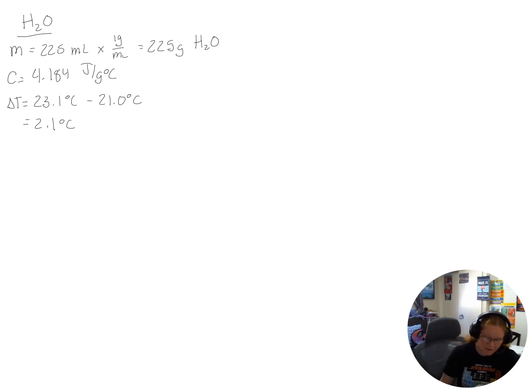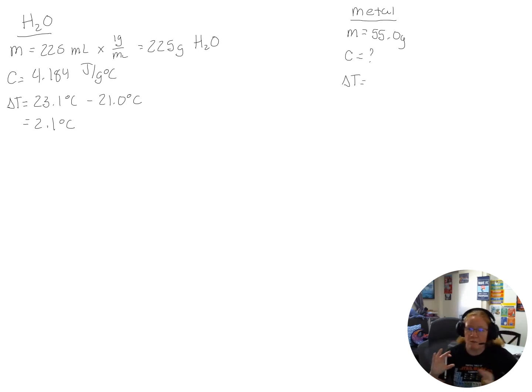Okay. Now my metal. All right, our problem tells us that the mass of the metal was 55 grams. The heat capacity is what we're trying to find. Delta T. Again, the metal got dropped into the water. All right, so the metal and the water are both at the same final temperature.